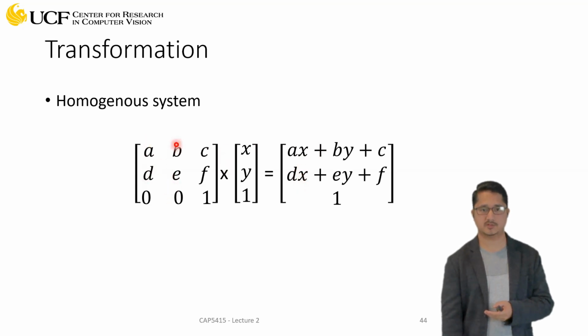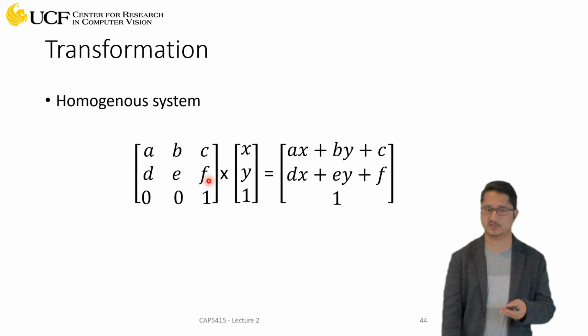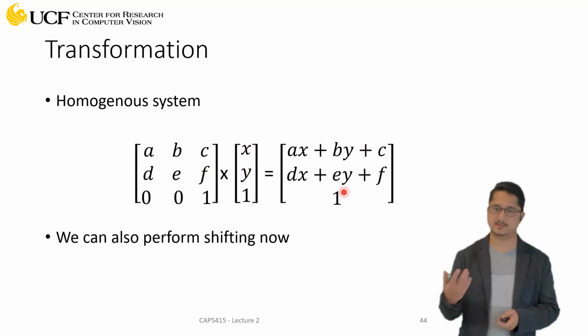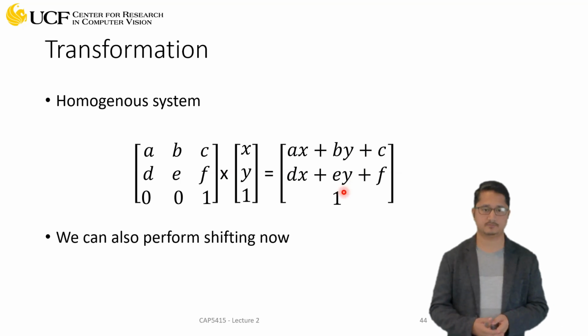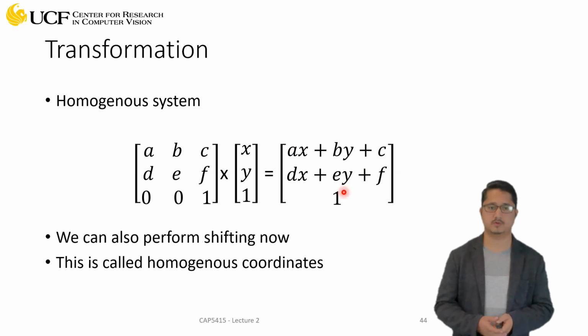And the second column again has a weight of y. You can see y being multiplied by B and E over here. And the third one, that's the weight for the last column. In this case, it's 1, which is making it independent of x and y values. Okay, so that's another interpretation you can think of. And this allows you to perform shifting.